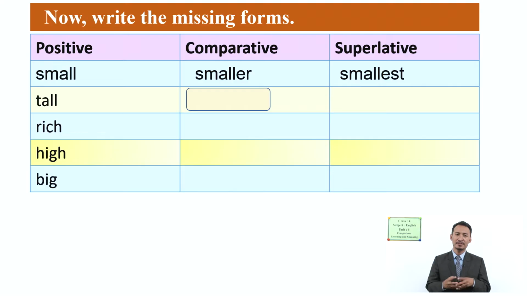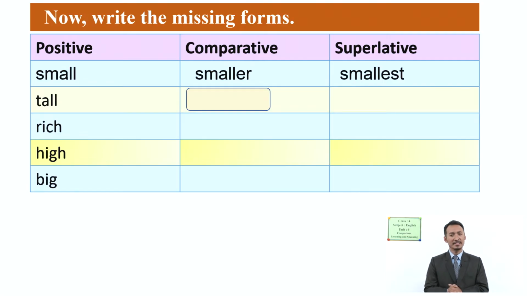Another word for comparison is called comparatives. They are with more or er. You can see here smaller, and superlatives are often with est at the end. Look here, we add est at the end, like smallest, and er here. They are called comparative and superlative.